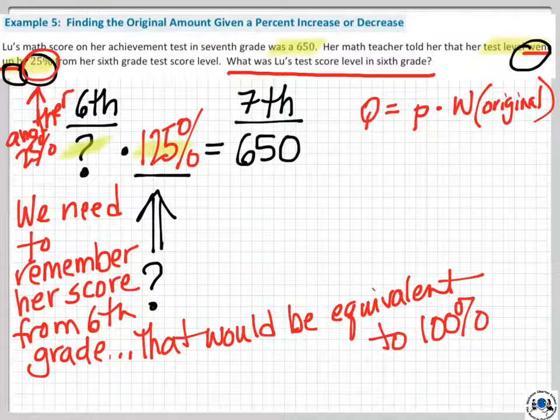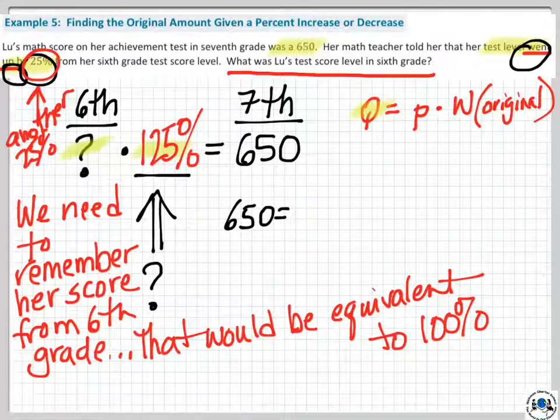So now if we plug this in to the Q equals P times W, we know our Q is going to be 650, because that's the quantity, that's the score she has now. That is the score after the increase.